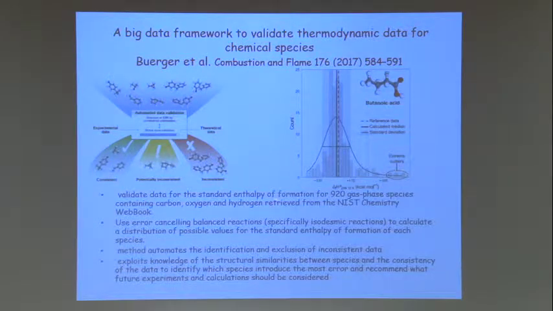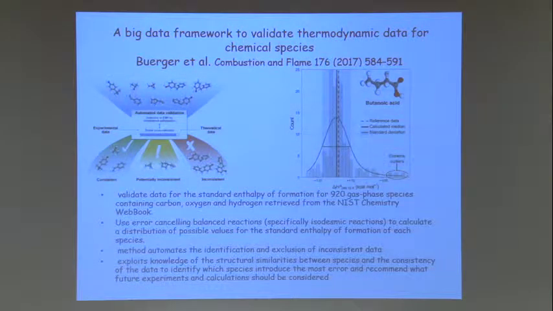Validating data for standard enthalpy of formation for 920 gas phase species retrieved from the NIST chemistry web book. And we know there are some problems with that. And they use error-cancelling balanced reactions to calculate the distribution of possible values of the standard enthalpy.